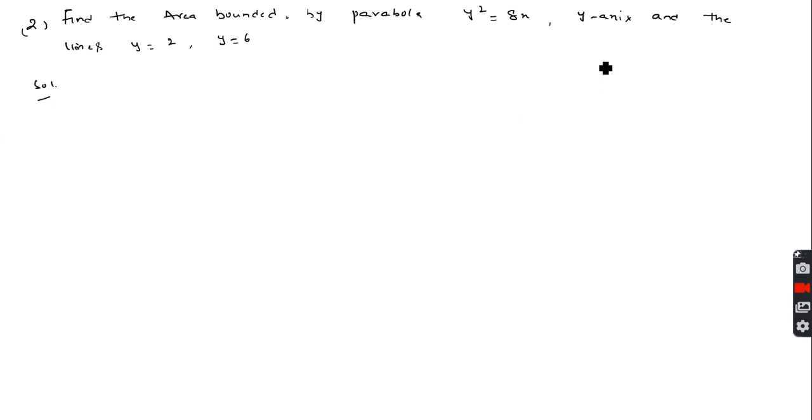Here the solution is: it is in the y-axis, so the function is x equal to g of y, with the lines y is equal to 2 and y is equal to 6.